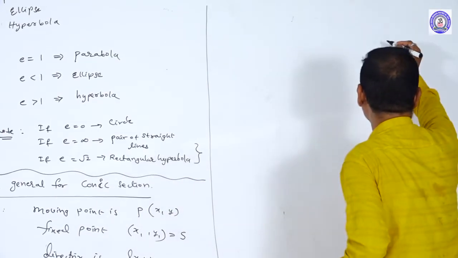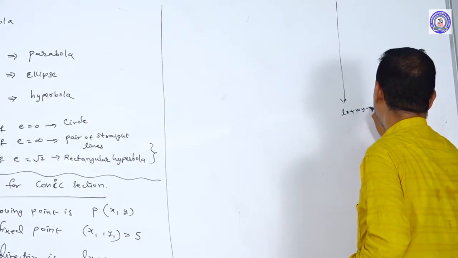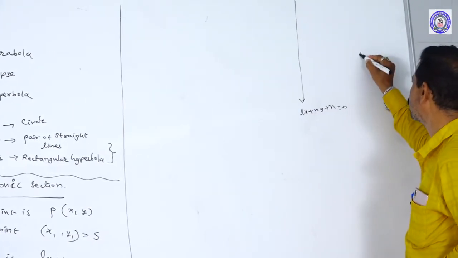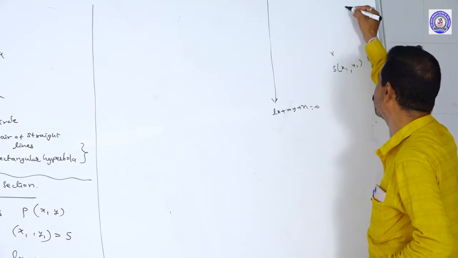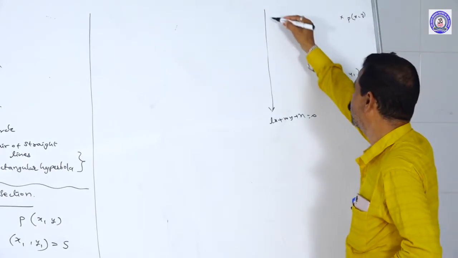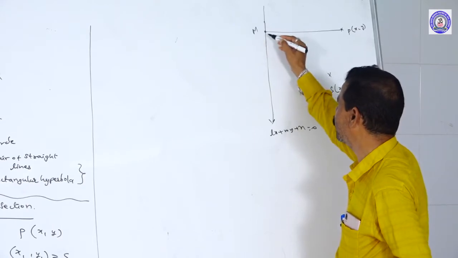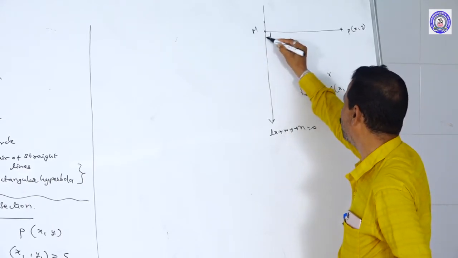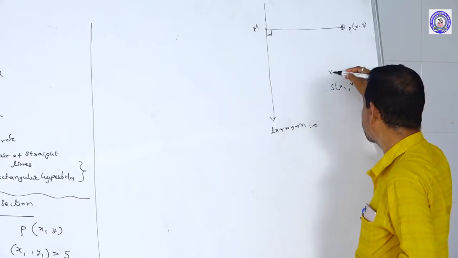From the diagram, this is the directrix Lx + My + N = 0. This is the fixed point S (x1, y1). This is the moving point P(x, y). Join this point. This is the point M, the foot of the perpendicular from point P on the directrix. S is the fixed point.